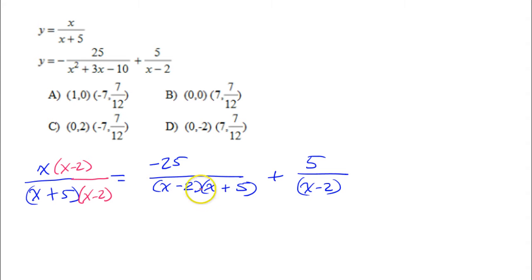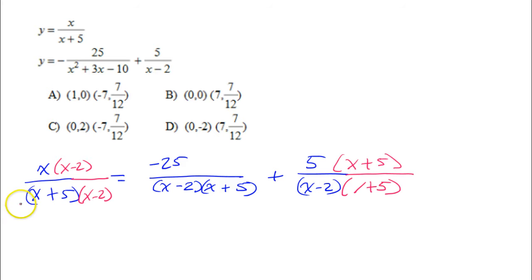So this has both already, so I don't need to put anything up here. Now this has an x minus 2, but it does not have the x plus 5. So I can give it an x plus 5, multiply in the denominator, as long as I multiply by x plus 5 in the numerator.